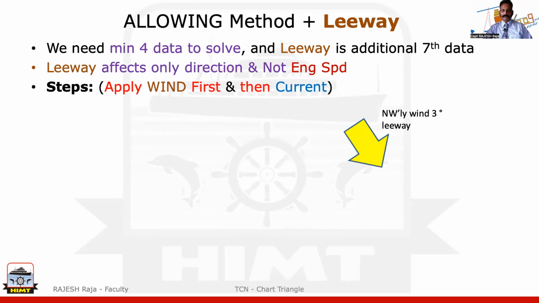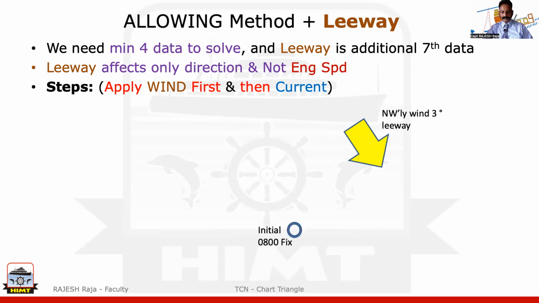So how should I approach whenever a question is given with wind as well as current, and I'm trying an allowing method? Please apply the wind first. Why? Because the CTS is given to you already in the question. Allowing method means your CTS and engine speed should be given. So it was given in this example. So please apply the wind first, and then only you should apply the current.